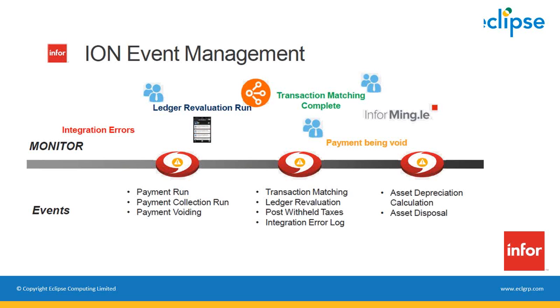Or if ledger revaluation has completed successfully, then they can sleep easy over the weekend and come in on Monday morning knowing that all is well in the finance world. So again, these are just some examples, but there are a lot of things in Sun where we can build in events and alerts just by using standard technology within Infor Ion.